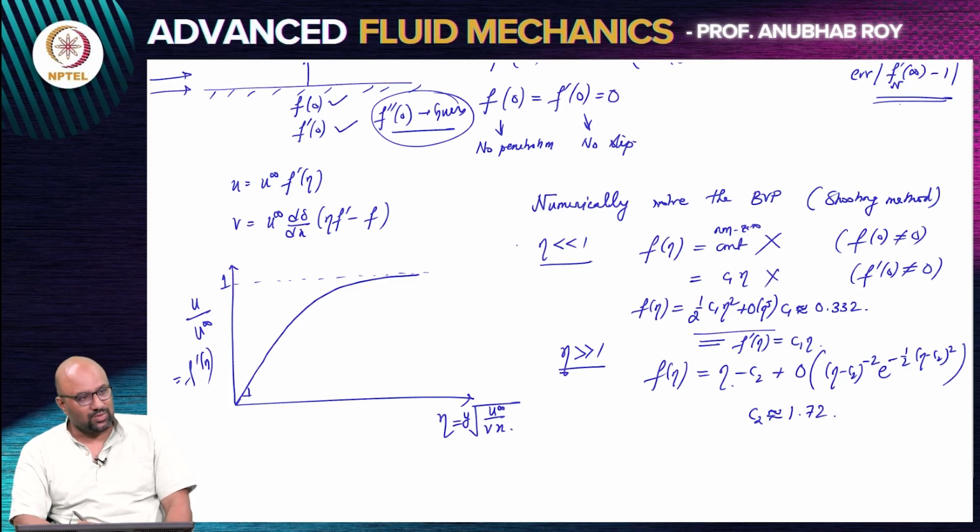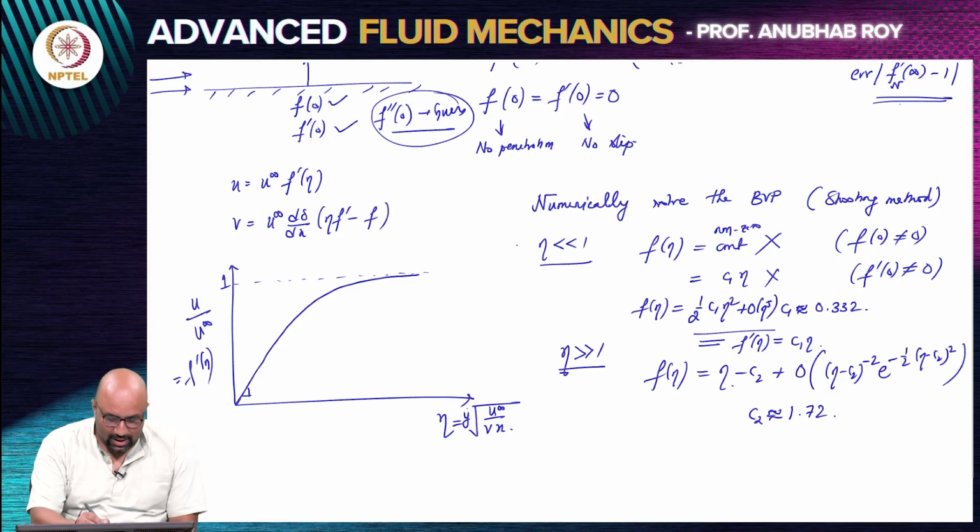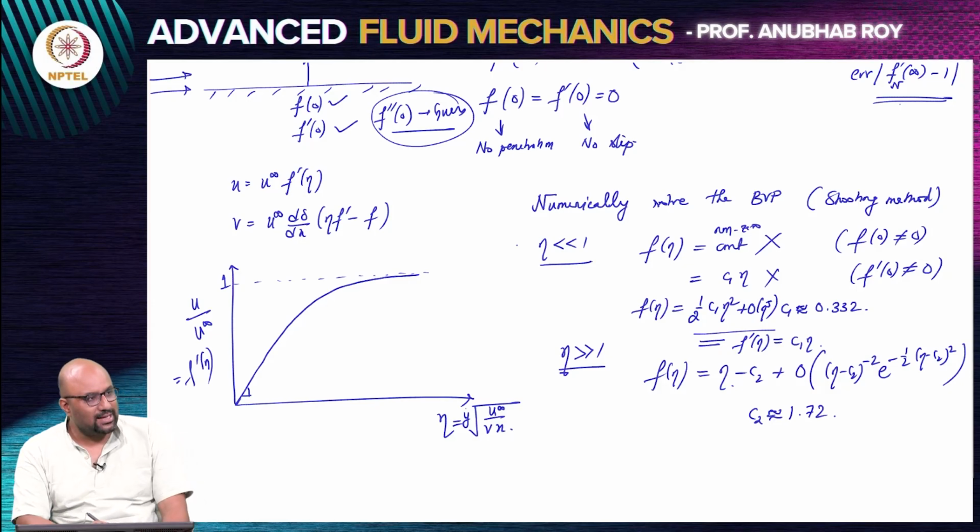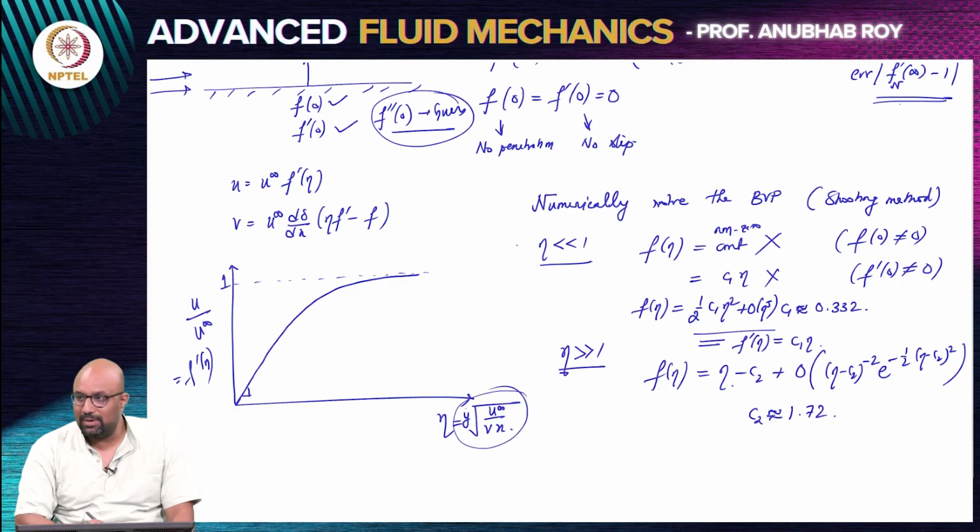It is the streamwise velocity plotted as a function of the similarity variable eta, which means you can see this as u varying with y for fixed x or u varying with x for fixed y, because eta is this combination of y and x.